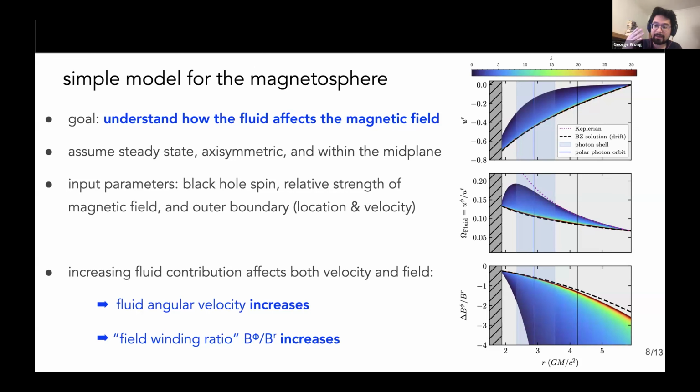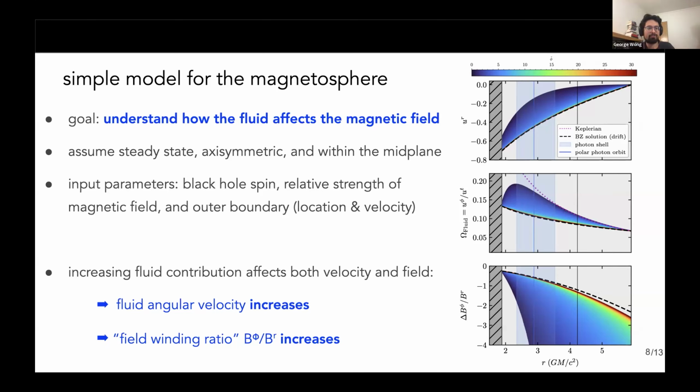Also the relative strength of the magnetic field, or put another way, how important the plasma is, how important the gas is relative to the magnetic field, and also the outer boundary of your flow, so its location and its velocity. And when you solve for this model, this is solving the equations of GRMHD.